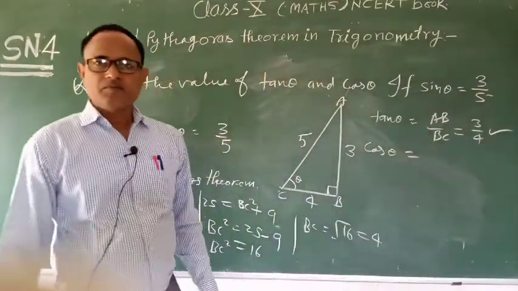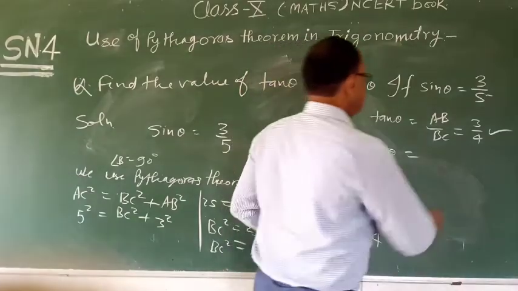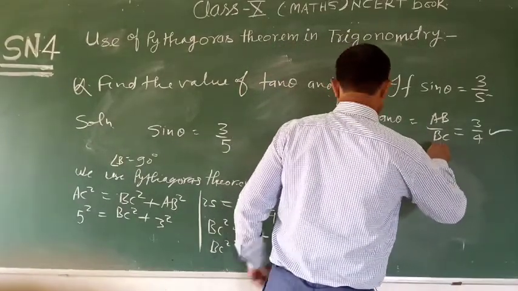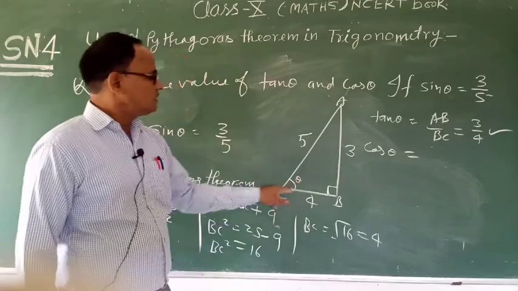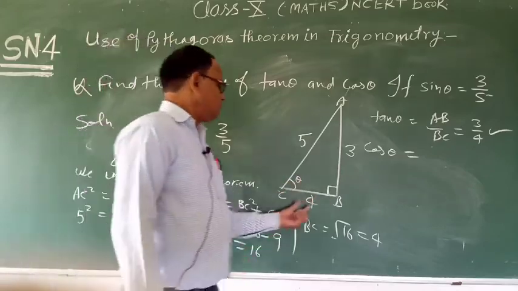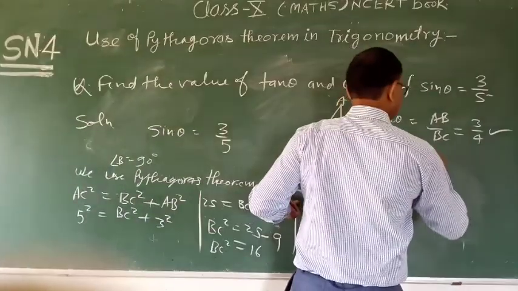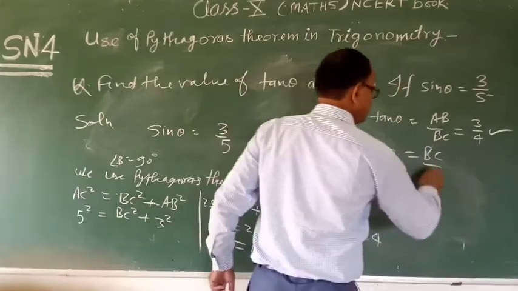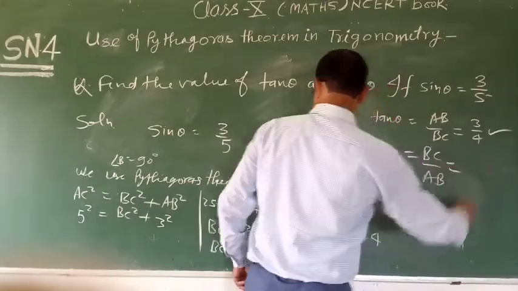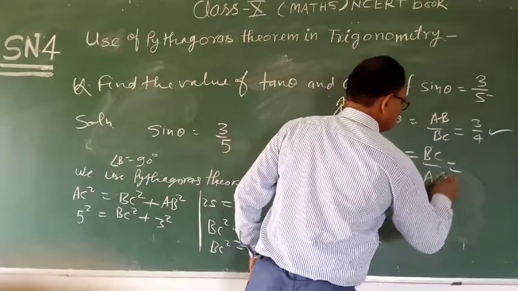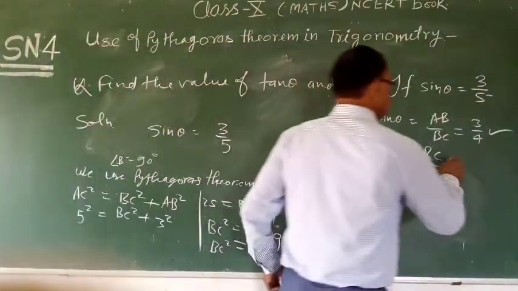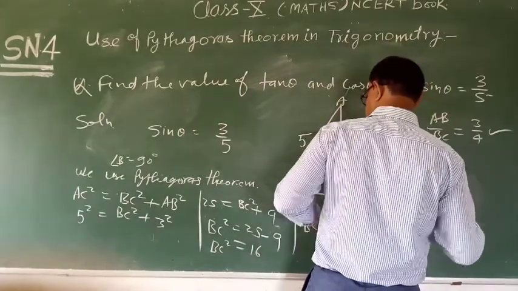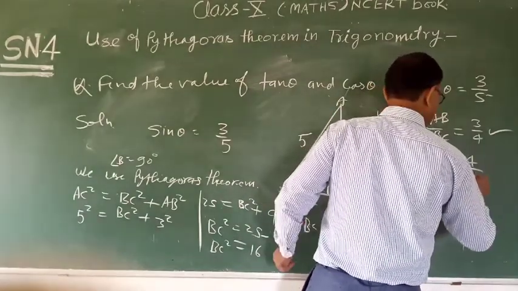Cos theta is equal to base by hypotenuse, because theta is here, therefore it is base BC by hypotenuse AC. Okay students, here BC is equal to 4 by the hypotenuse, 5.